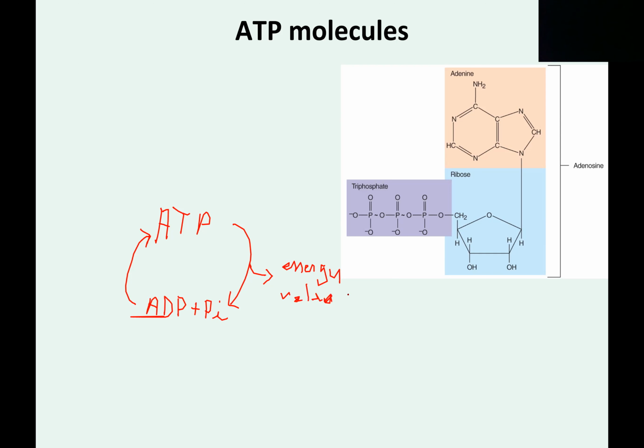And that's the energy released. And then we can use it.